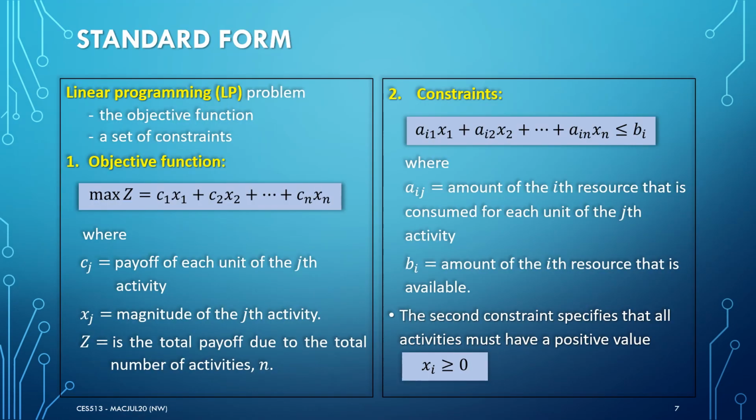Standard form of a function. The basic linear programming problem consists of two major parts. First is the objective function, and the second is the set of constraints.